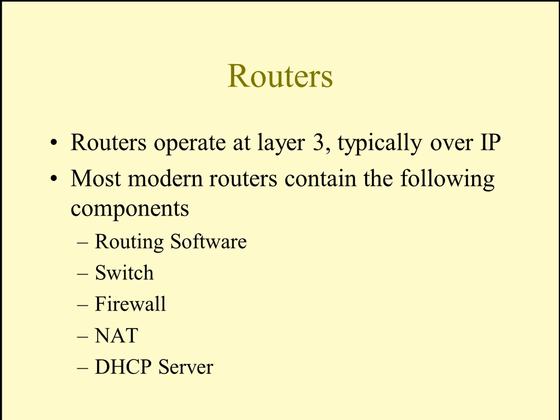Most modern routers today contain the following components. They contain routing software, which is the primary purpose of a router, making sure that our packet is able to travel through the network and get from the source to the desired destination.